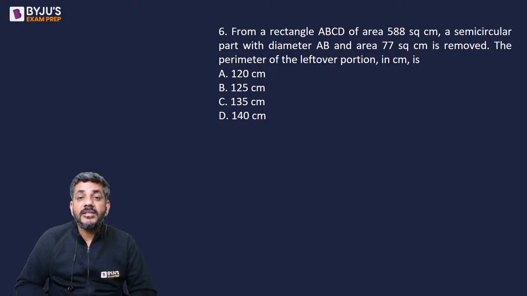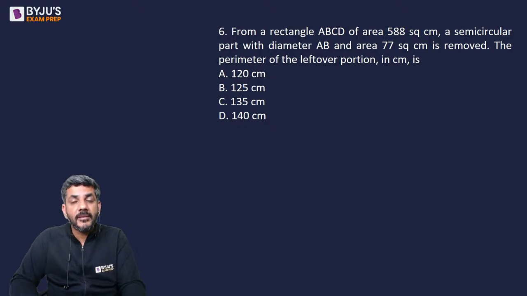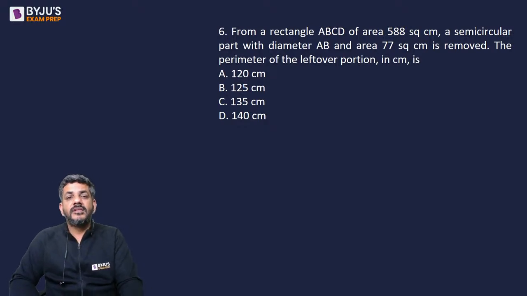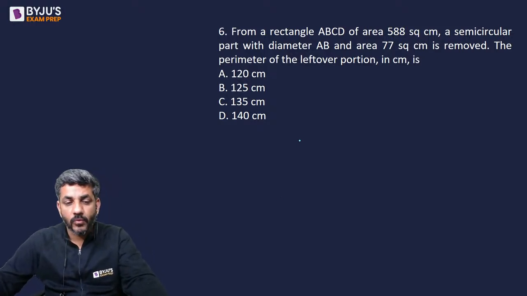From a rectangle ABCD of area 588 square centimeter, a semicircular part with diameter AB and area 77 is removed. The perimeter of the leftover portion in centimeters is what?